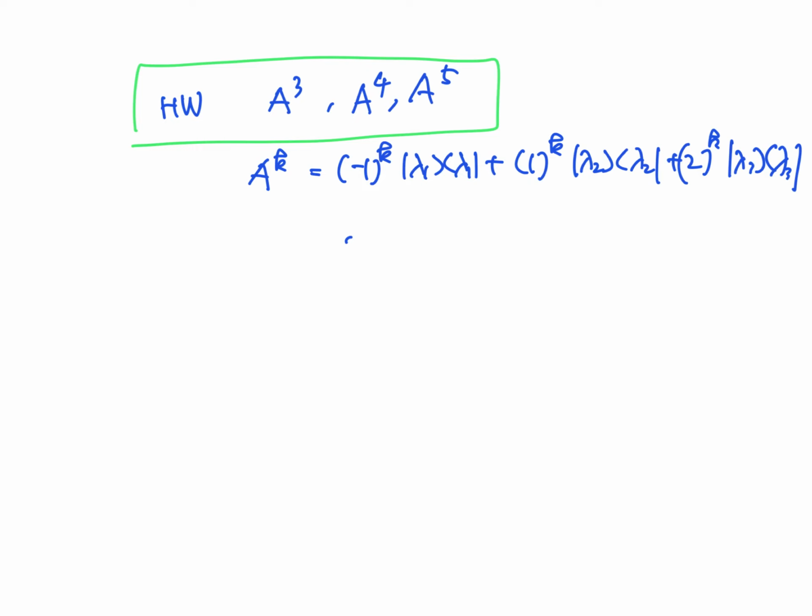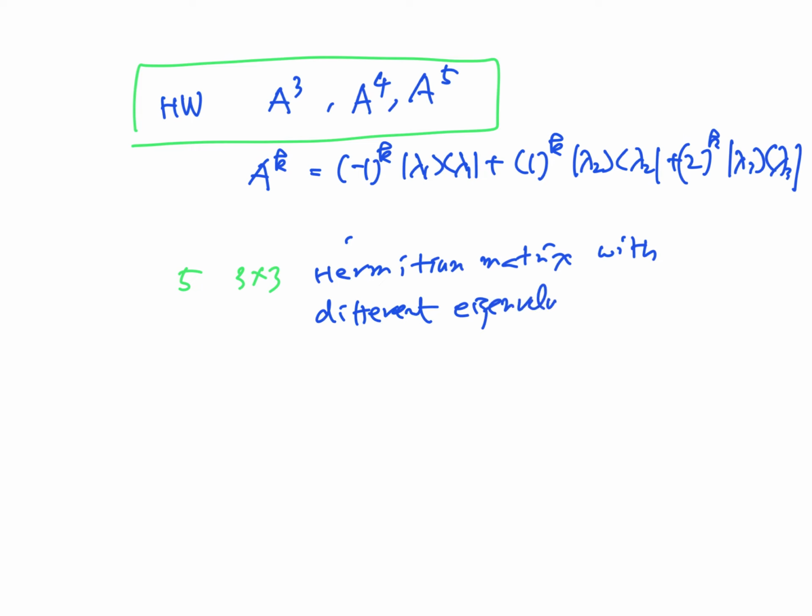5 3 by 3 Hermitian matrices with different eigenvalues. That means lambda 1, lambda 2, and lambda 3 have to be different.